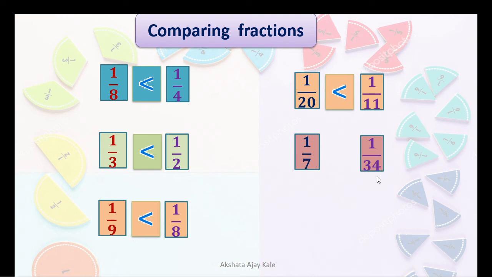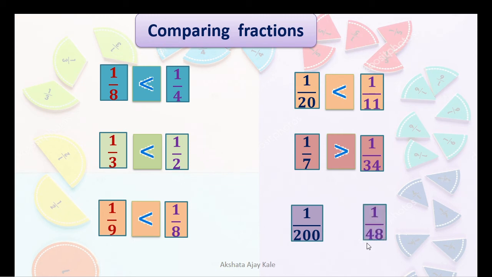Here making 34 equal pieces and taking 1 piece. So this is greater, isn't it? So 1 upon 7 is greater than 1 upon 34. Good. Next is 1 upon 200 and 1 upon 48. Very easy. 1 upon 48 is bigger.